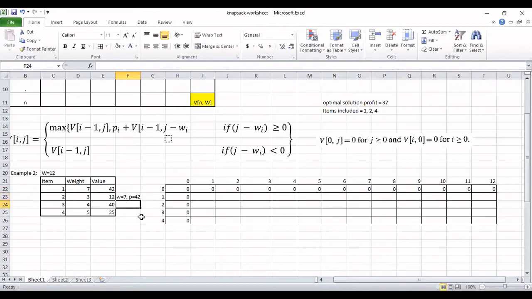Same way, the next one, weight is 3 and price is 12. In the same way, third item, W is 4 and price is 40. Fourth item, W is 5 and price is 25.